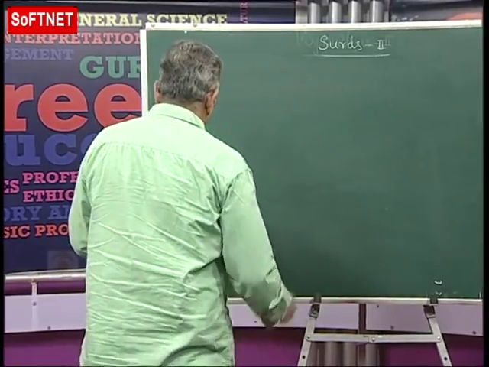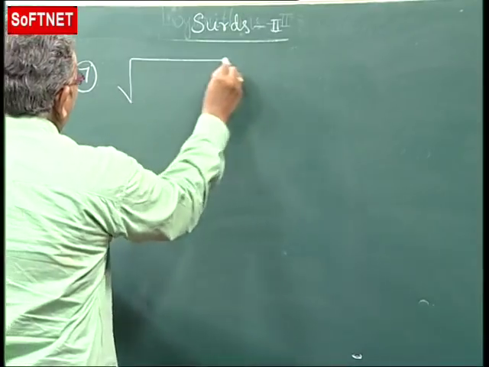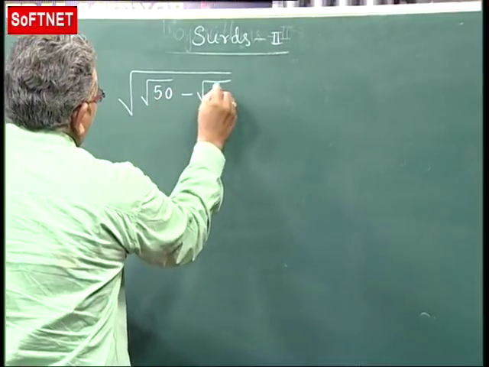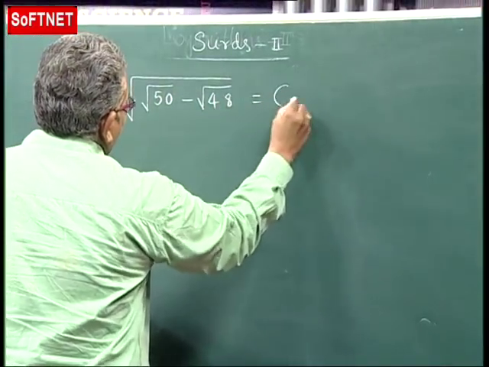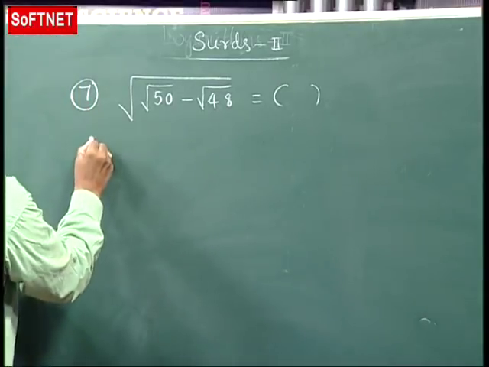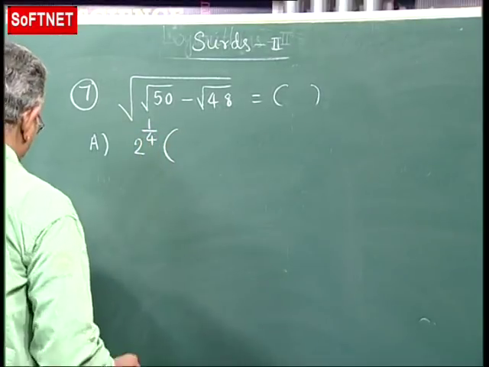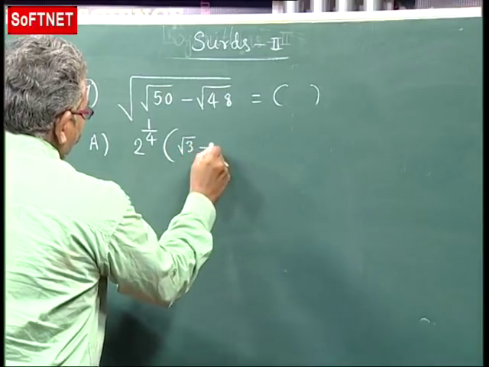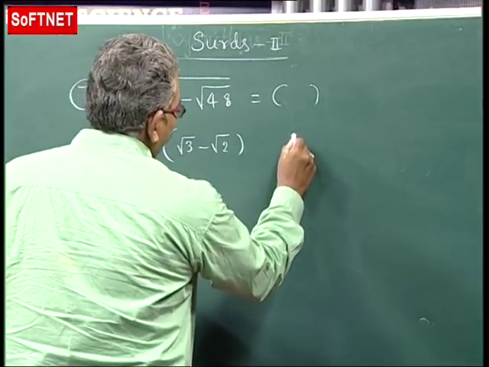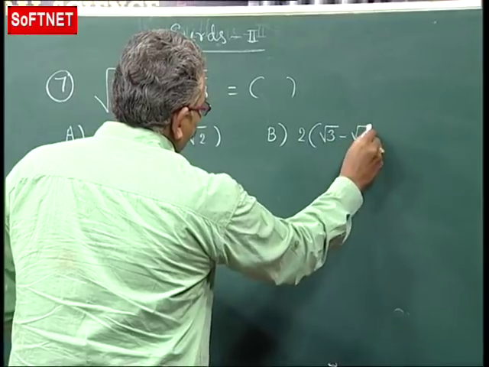Next one, root of root 50 minus root 48 equals to, A, 2 to the power of 1 by 4 into root 3 minus root 2, B, 2 into root 3 minus root 2.